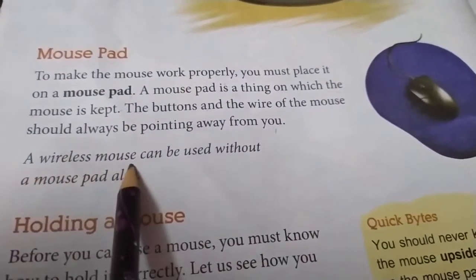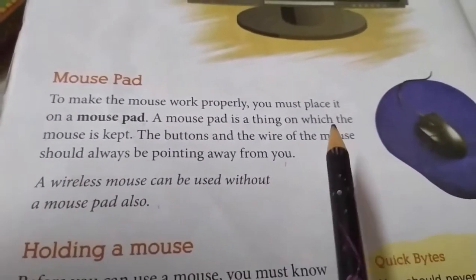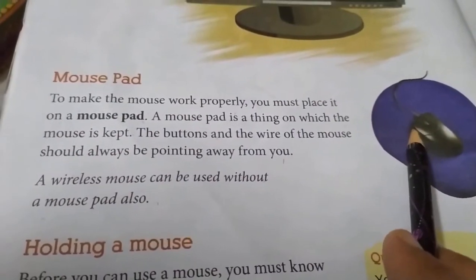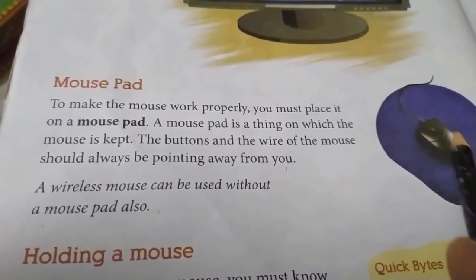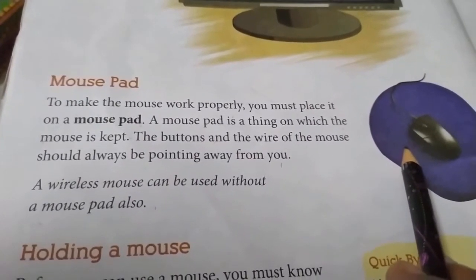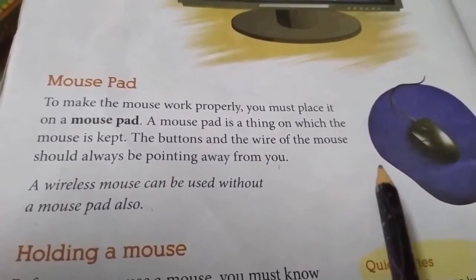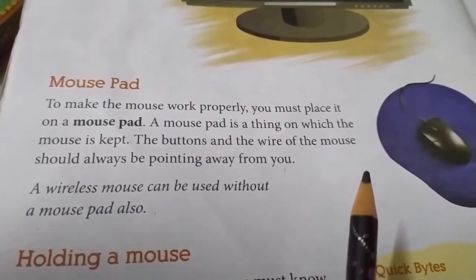A wireless mouse can be used without a mousepad too. Whenever it is a wired mouse, it is better to use it with the mousepad. If it is a wireless mouse, that time mousepad may not be needed.